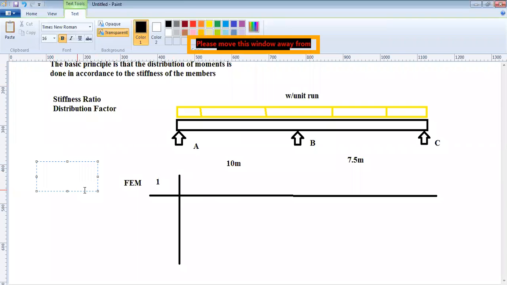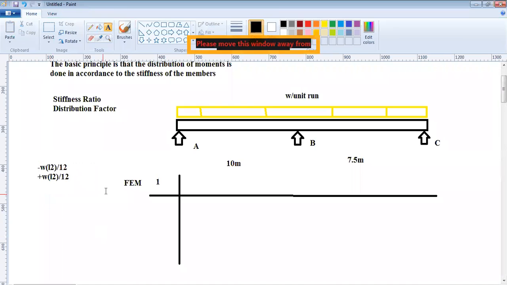It will be W L square divided by 12, but it will be minus at this end. And at the other far end, you will have fixed end moment W L square by 12. So that will be the fixed end moment.